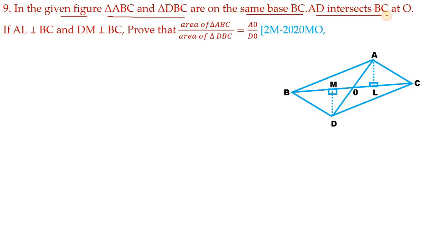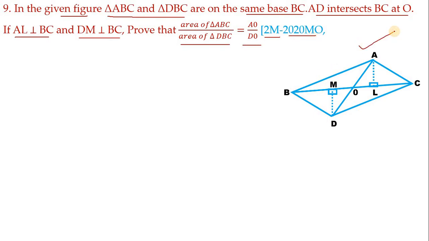AD intersects BC at O. If AL perpendicular to BC and DM perpendicular to BC, prove that area of triangle ABC by area of triangle DBC is equal to AO by DO. 2-mark problem asked in the year 2020 model question paper.